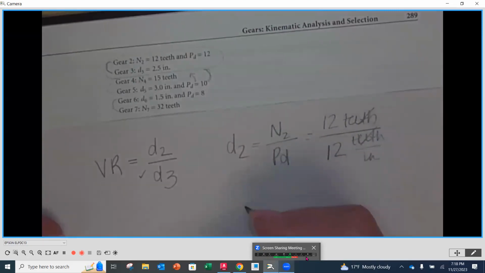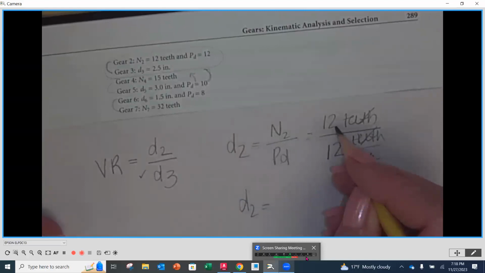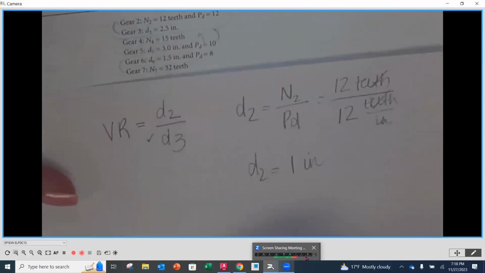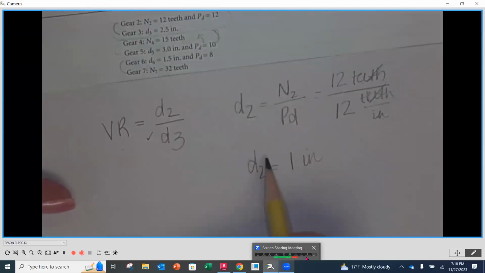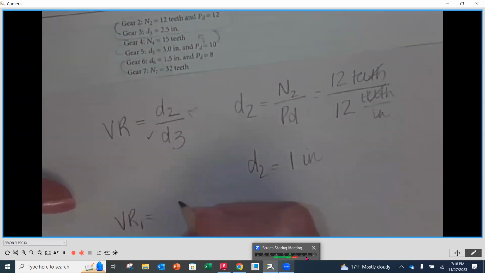So D2 is going to be equal to 1 inch. Now we can also calculate the velocity ratio, which we'll call velocity ratio number 1. It's going to be equal to D2 divided by D3, which is 1 inch divided by 2.5 inches.